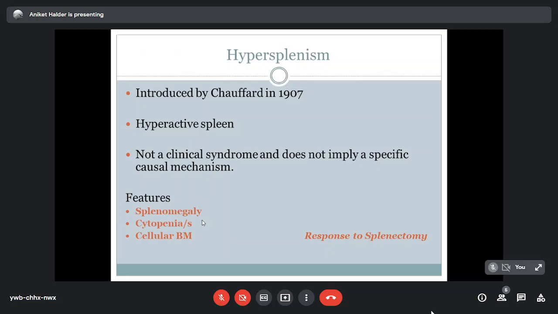And the feature of hypersplenism is splenomegaly. There should be splenomegaly along with cytopenia. These cytopenias can be monocytopenia, unicytopenia, or there can be pancytopenia. And usually on bone marrow, although bone marrow is not routinely done for confirmation of hypersplenism, it will be normocellular to hypercellular, and the final confirmation of hypersplenism will be the response to splenectomy.